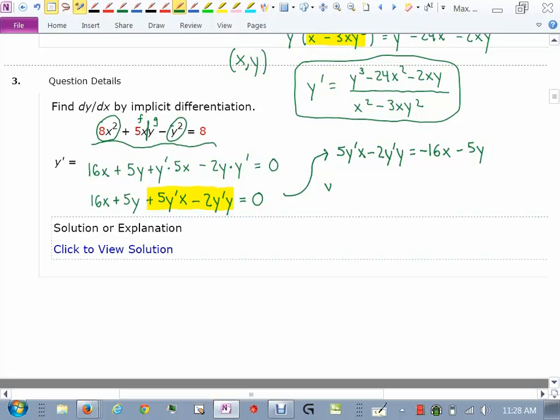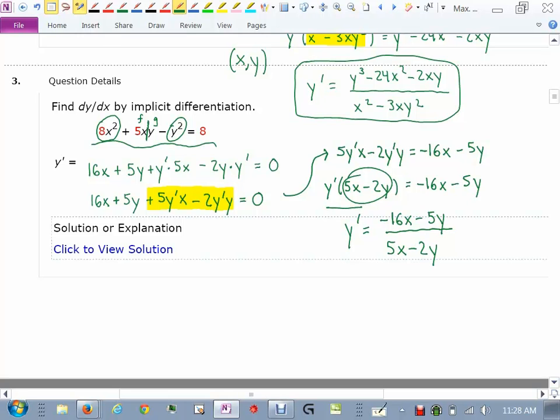I'll factor a y prime out on the left side, and then I will divide through by this right here. So negative 16x minus 5y all over 5x minus 2y. And again, that should be my derivative. That's the slope of the tangent line. But again, in order to know what the slope is, I need both the x and y coordinate. So I need to know like a point on this curve.